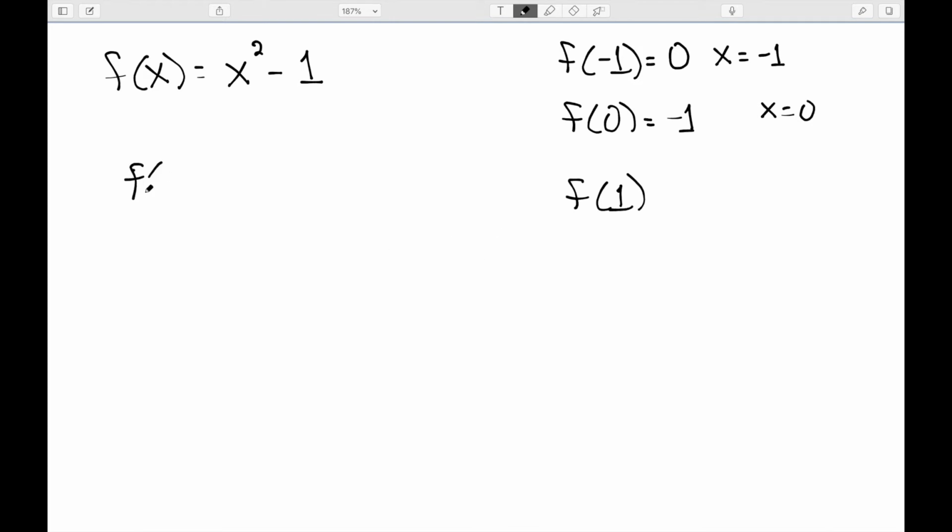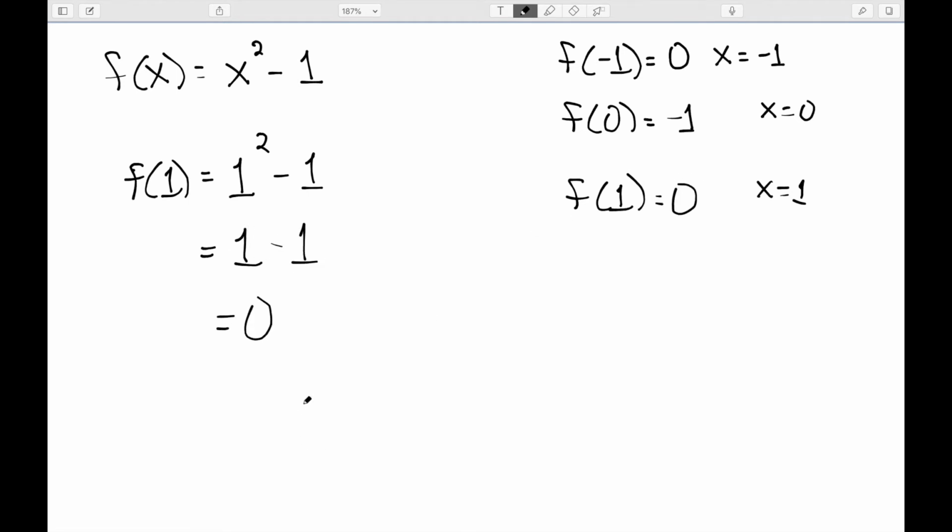Finally, for f of 1, this tells me x is equal to 1. So I would have 1 squared minus 1. 1 squared is 1, minus 1 is 0. So if x is equal to 1, then y is equal to 0. So I also have the point 1 comma 0.